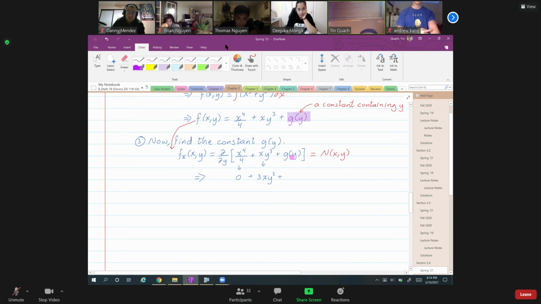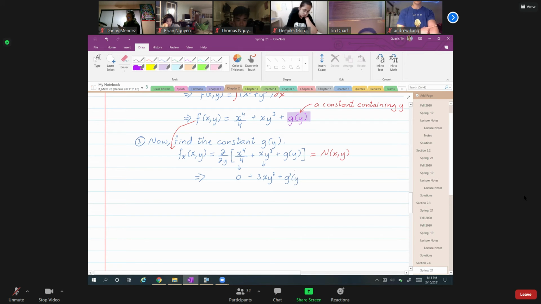And then this is a function of y only, right? Because it's g of y, it doesn't have x in there, since it is a constant containing y. So when you take the partial derivative of this with respect to y, that is actually g prime of y.